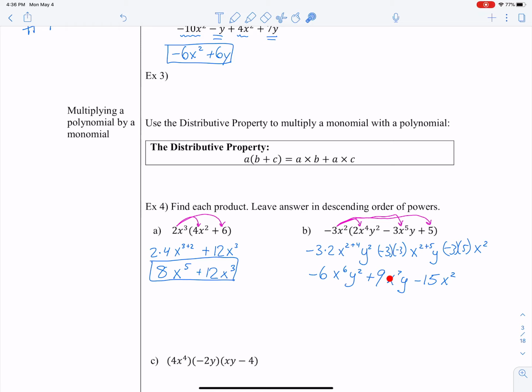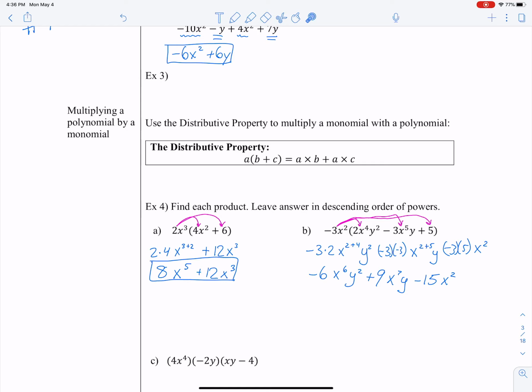The next one, we have x to the 7 and y to the 1. So again, this is 8. So these have the same power. So in this case, I can leave them as they are because they're the same power. It doesn't matter which one we write first. And then the power of this one is x to the 2.